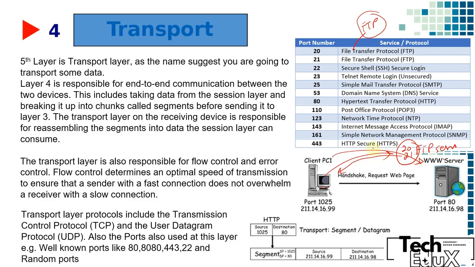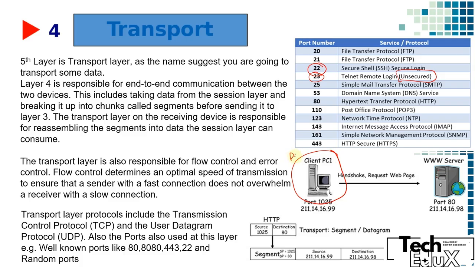Okay. Then similarly, we have SSH. And by the way, we have telnet here as well. Yes, telnet 23. It is mentioned there. It is unsecured, by the way. Back in the old days, why did we use telnet? For example, I am sitting far away from this computer in some other department and I want to access my server.